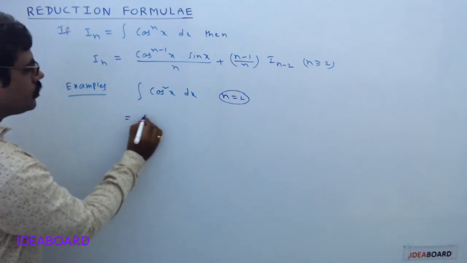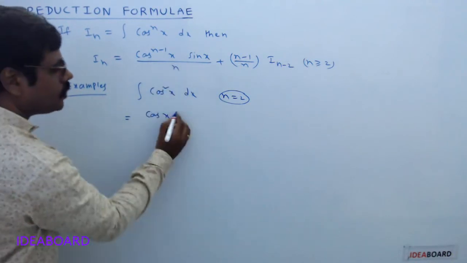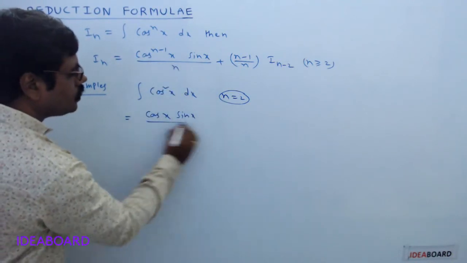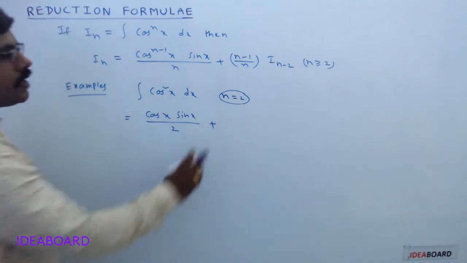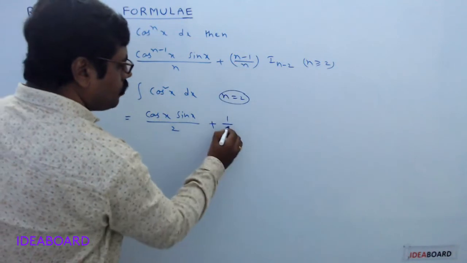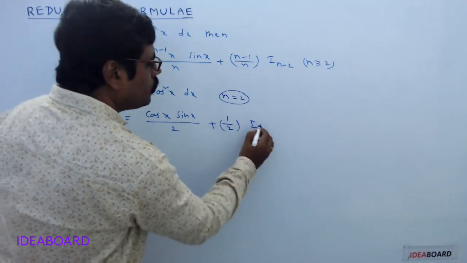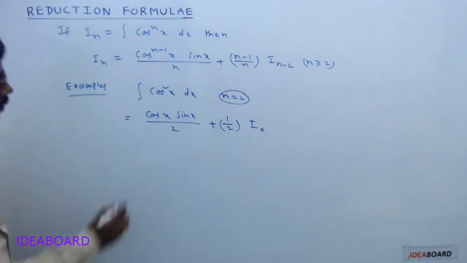So it is cos power 2 minus 1 into sin x divided by 2, plus n minus 1 by n, that is 2 minus 1 divided by 2, into I 2 minus 2, that is I0.